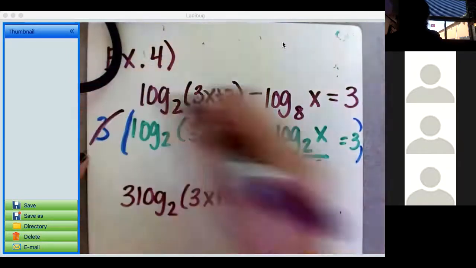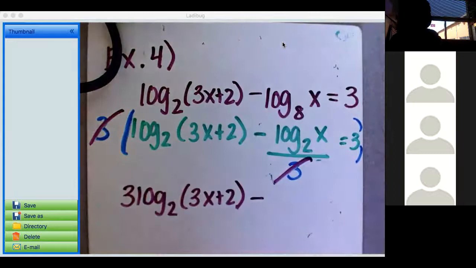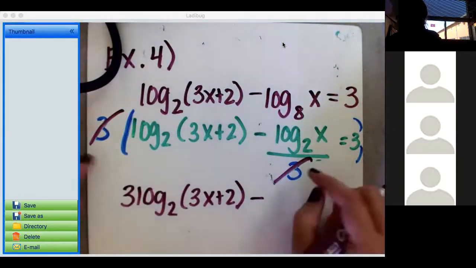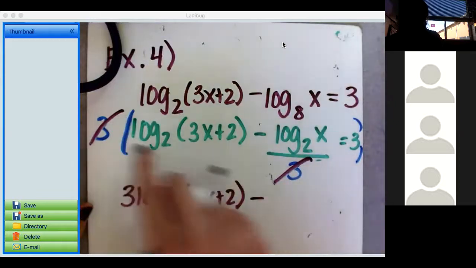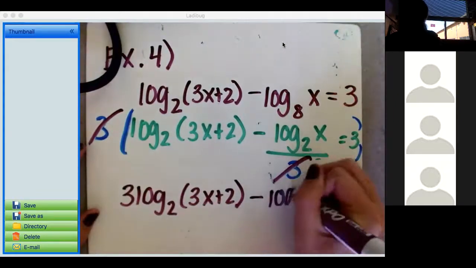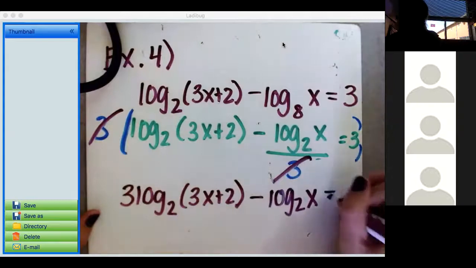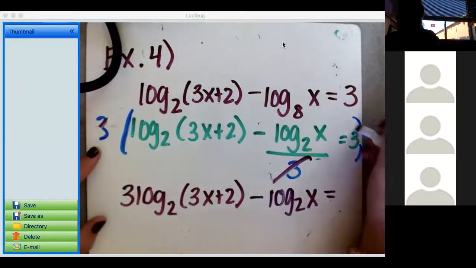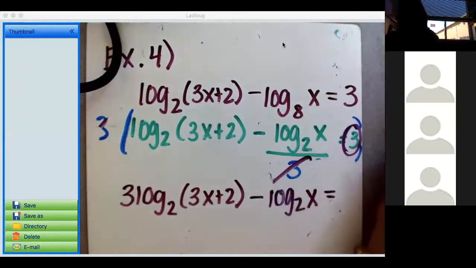Yeah, that was the whole purpose in multiplying by 3, they cancel. So minus what? No, why are you saying 3? My 3s are gone. Those two canceled. Perfect. Log base 2 of x equals, good, 3 times 3. Don't forget this back 3. This is the one y'all always forget, and it messes up your entire answer. And no, I cannot give you partial credit on that. What is 3 times 3? Great.